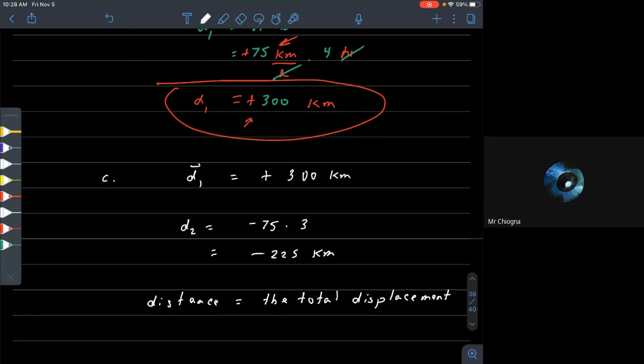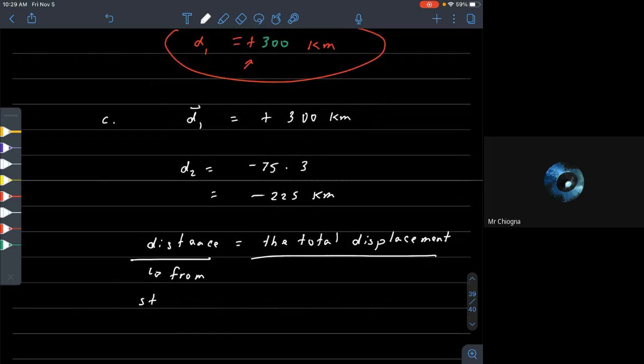The question is, how do you find the distance the car is from the starting point? That is what the value of the displacement is. The value of the displacement is how far the car is from the starting point. So that's why we're able to equate them. Distance from starting point, they're one and the same thing as far as value.